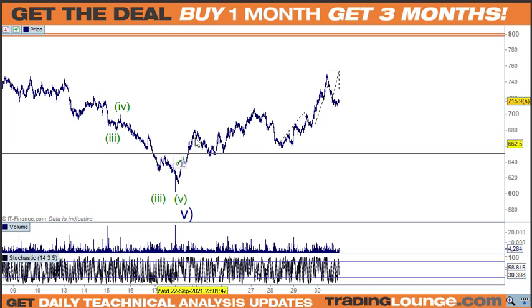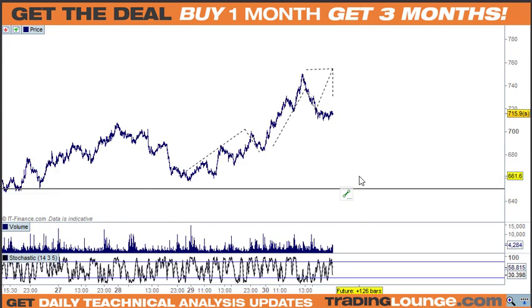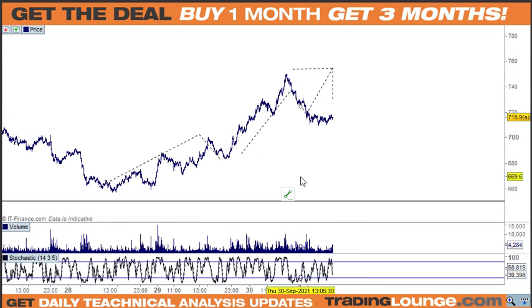So we could look at it as 1 and 2 and 1 and 2. We can't look at it as 5 waves from here to here, it doesn't work very well. But in the same case, it could also be an A, B, C to here, an A wave here, a B wave here, and a C wave up here finishing. So from here we can look at 1, 2, 3, 4, and probably 5 to here. We could probably even use that to there though, 1, 2, 3, 4, 5.